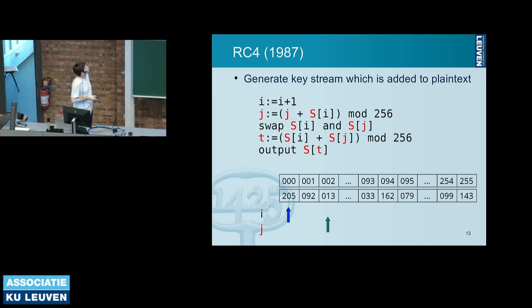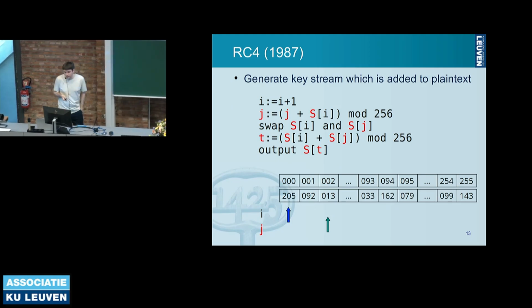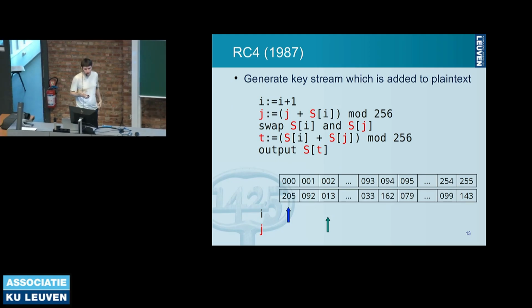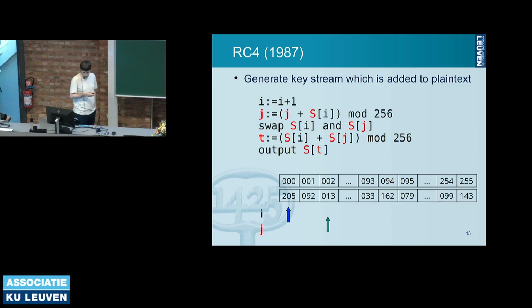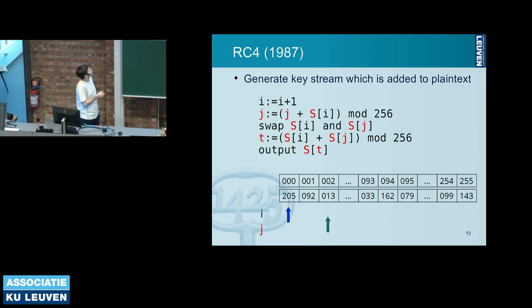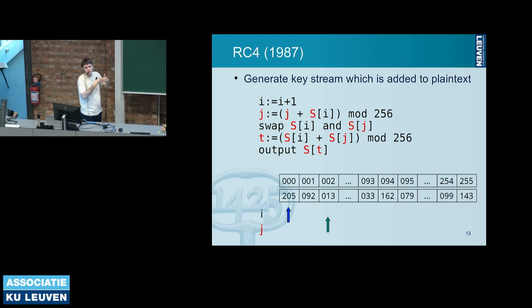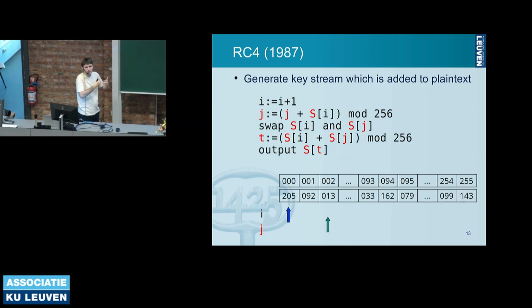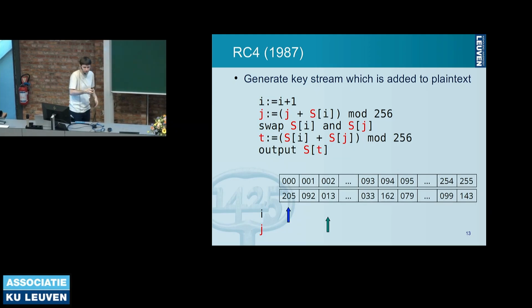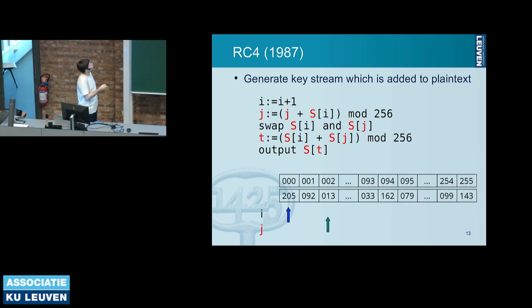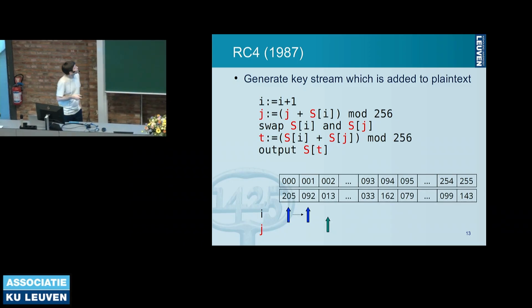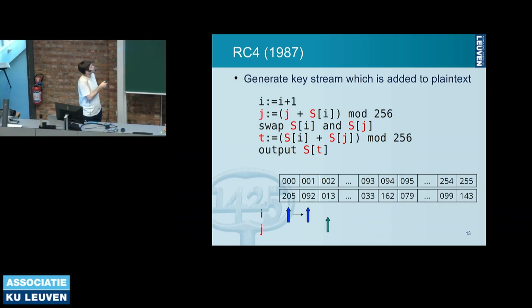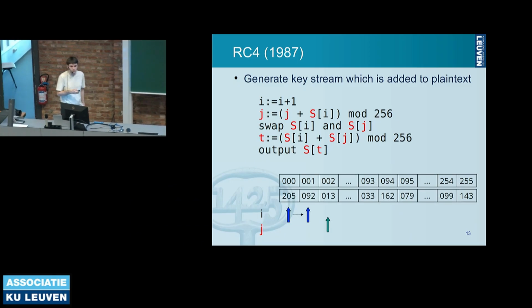Once we have this S, we can start generating a key stream. You have the current index i, and each time we produce one output byte, this is incremented. There is also an internal variable j, which depends on the secret.